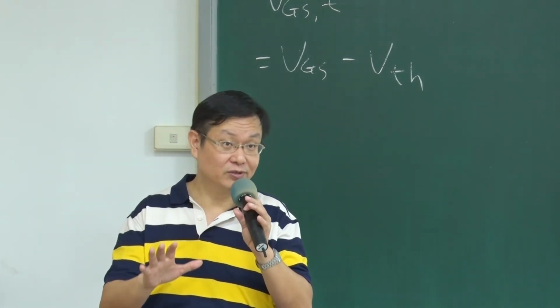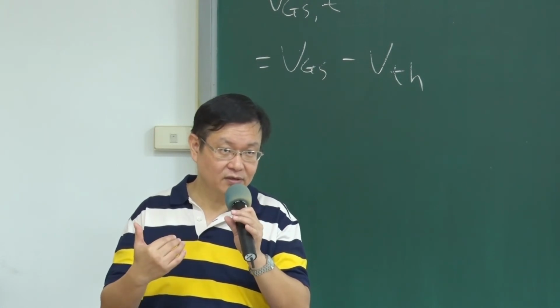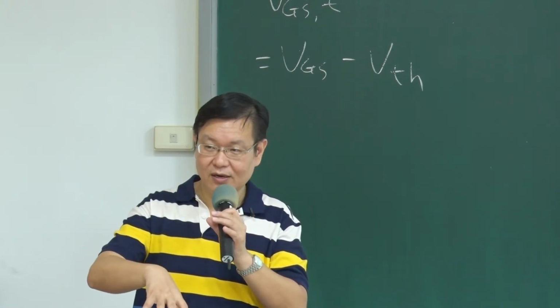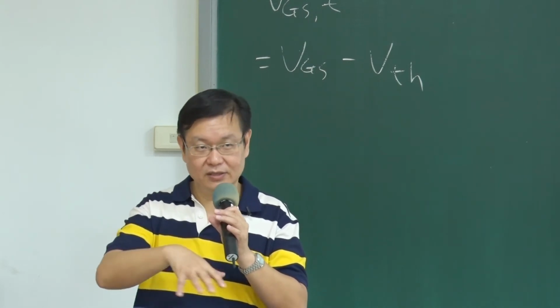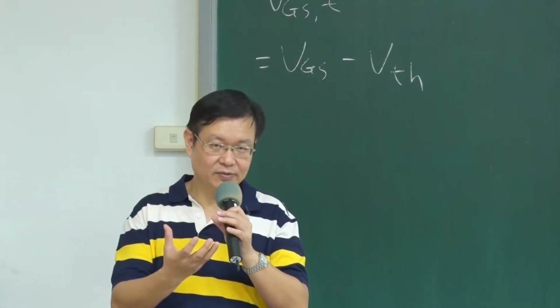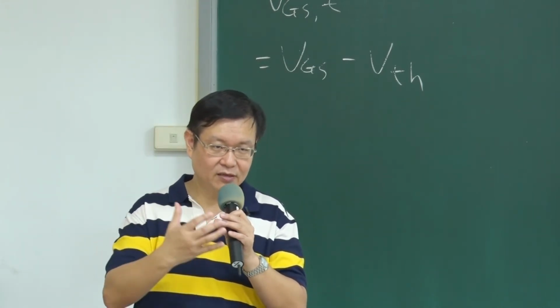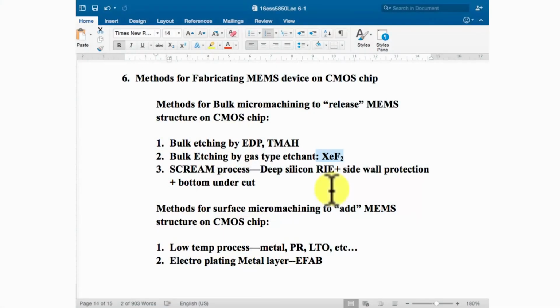So there's no direction. It doesn't matter what kind of crystal orientation you have. So you always punch a hole under your opening, okay? Isotropic etching. So with xenon difluoride, you can open up a large area or take out the material under the cantilever, but you cannot define the boundary clearly because of isotropic etching.